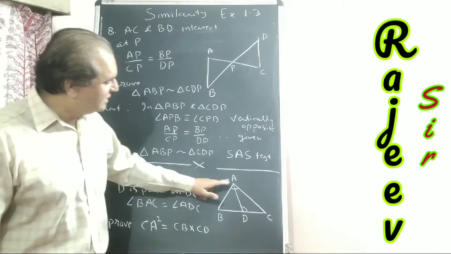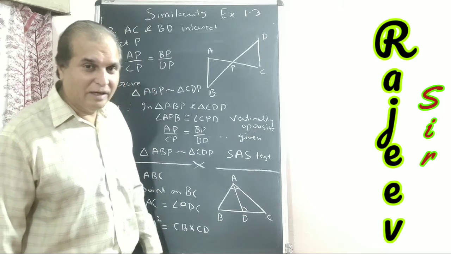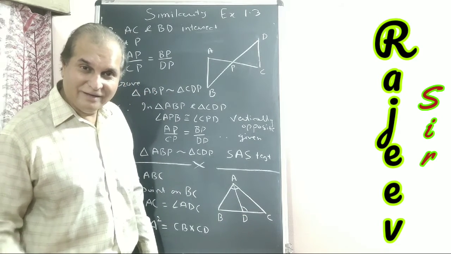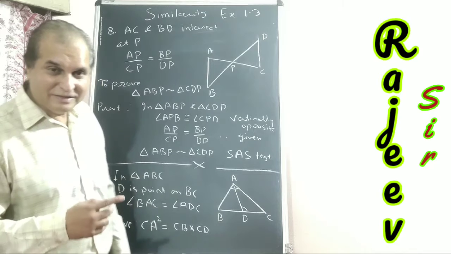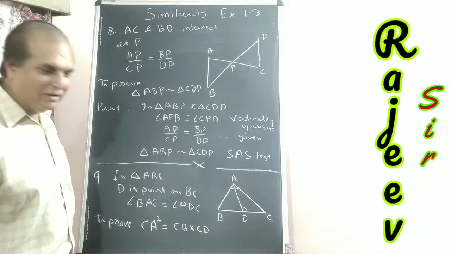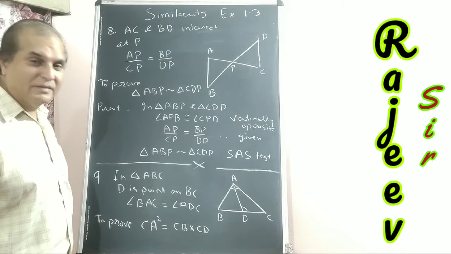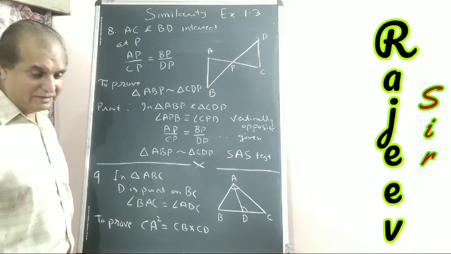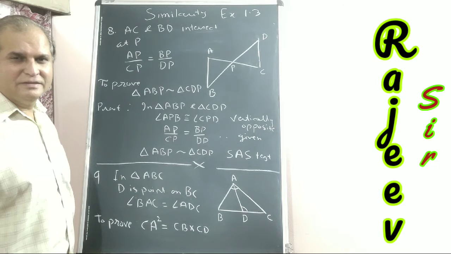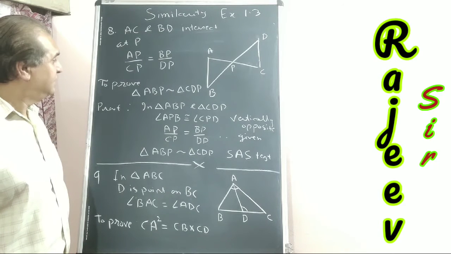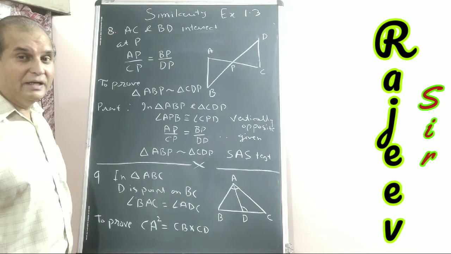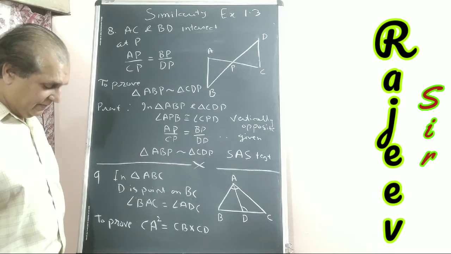I am giving you a hint: this angle is common, and angle C is a common angle. Now you try. If not, the sum is solved in the already published video, important sums on similarity. Check the 10th standard playlist.